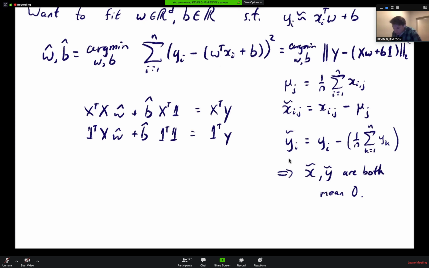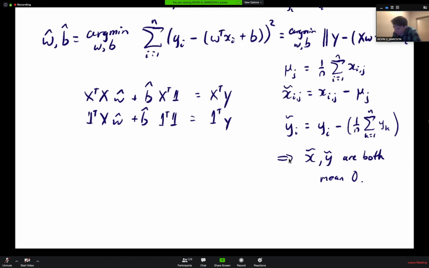Now, why is that important? Because if I form my same matrices x tilde and y tilde, then these are all going to be tildes. And then x transpose 1, this guy here, is summing up your x's, because the x matrix is an n by d matrix, so x transpose is d by n, and this 1 is an n by 1 vector, so x transpose 1 is literally summing along the columns.